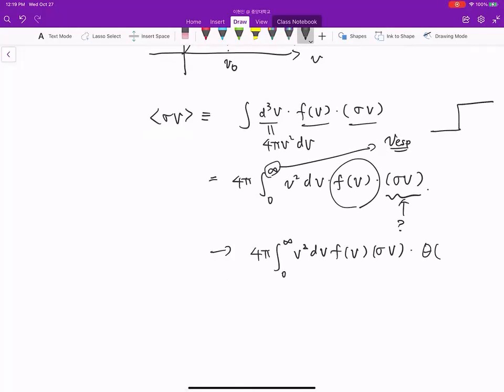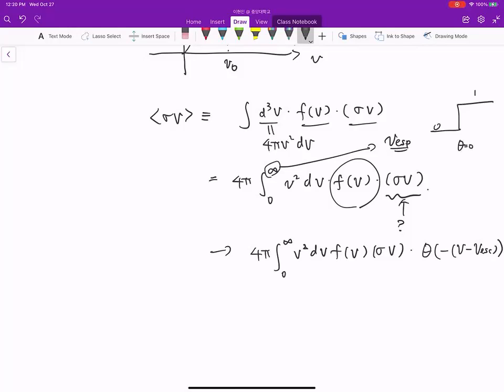So this is the step function zeta, equal to 0, 1, 0, right?